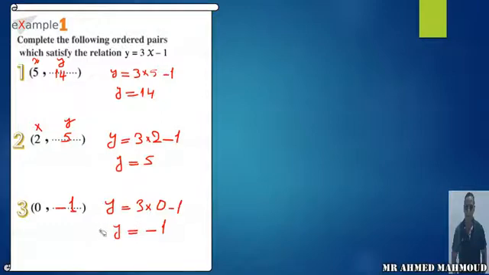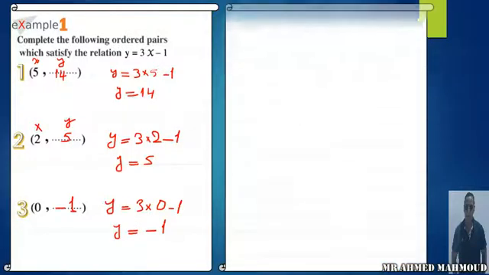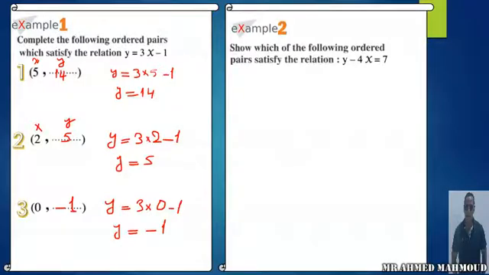The next example. Here in example 2: show which of the following ordered pairs satisfies the relation y minus 4x equals 7. The first one, we have x equals 1 and y equals 2. Then I will put x equals 1 and y equals 2 and see if it gives me 7 or not.